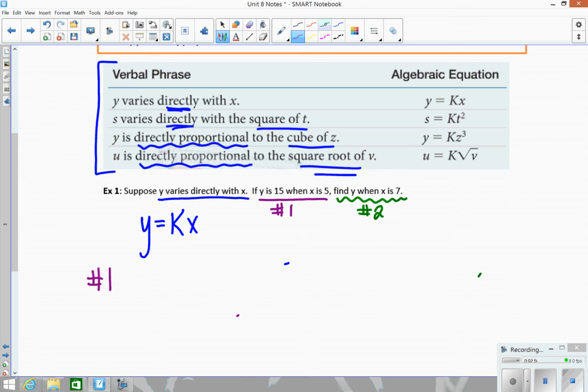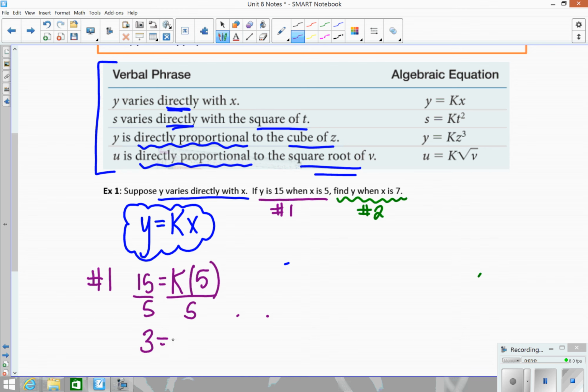This equation that we created will be used for this entire problem. So I have y is 15, so I plug in 15 equals k times x, which is 5. Now I'm going to solve this for k, so divide both sides by 5, and we get 3 equals k.